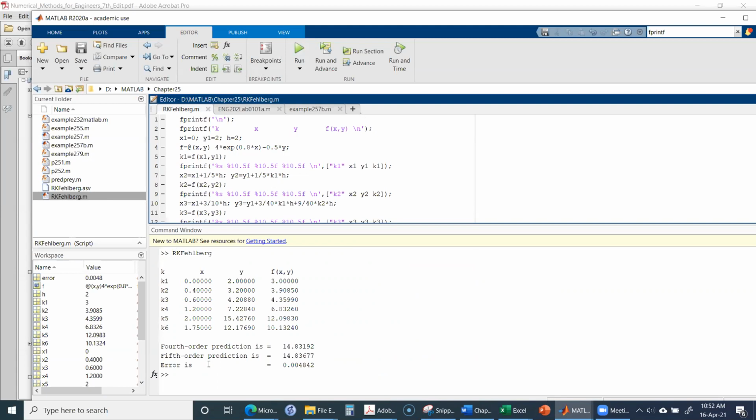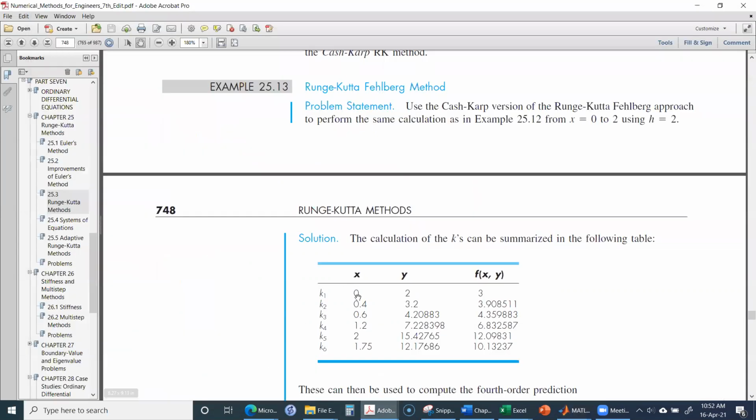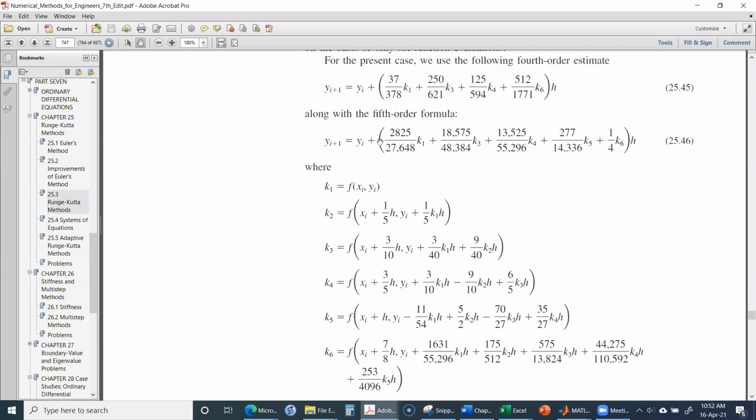So the fourth order prediction and the fifth order prediction. Here we can see that I got the same values. So you can program it in MATLAB as well.